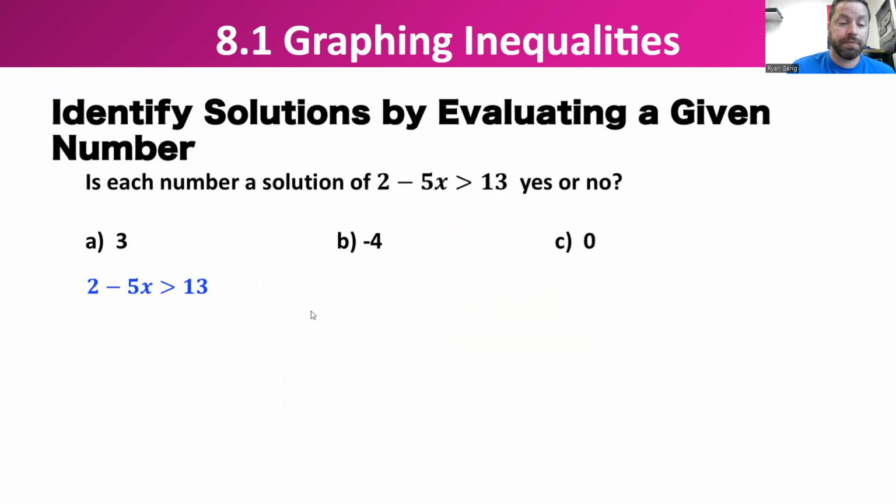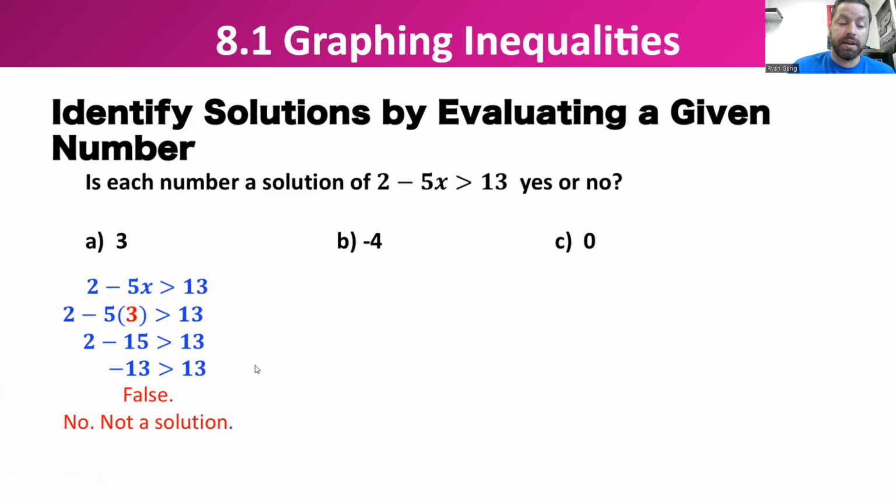I'm rewriting my inequality: 2 minus 5x. Put 3 in for x. 5 times 3 is 15, so 2 minus 15 is negative 13. Is negative 13 bigger than 13? No, it's false. So 3 is not a solution.